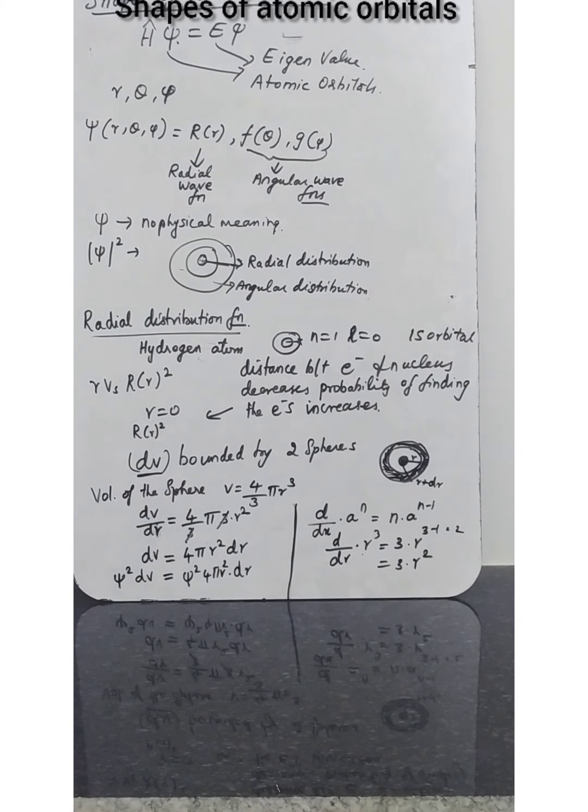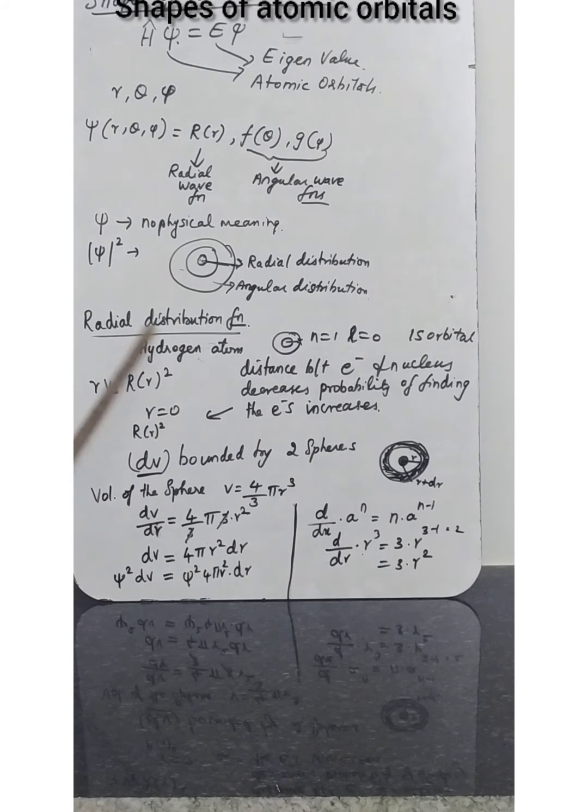Suppose the psi squared value varies with the distance from the nucleus, that means radial distribution of the probability. If the psi squared varies along the direction from the nucleus, then we can say angular distribution of the probability.